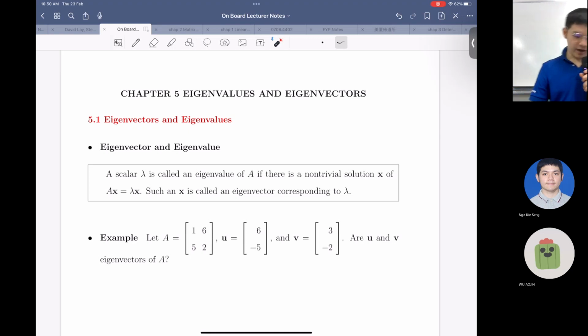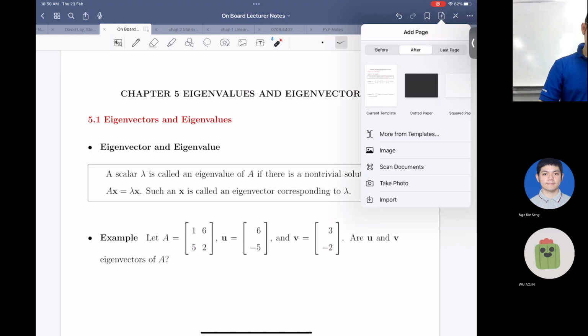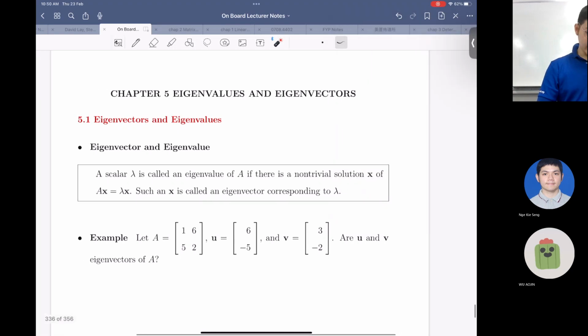So what is it about eigenvectors here? Let me give you some motivation.